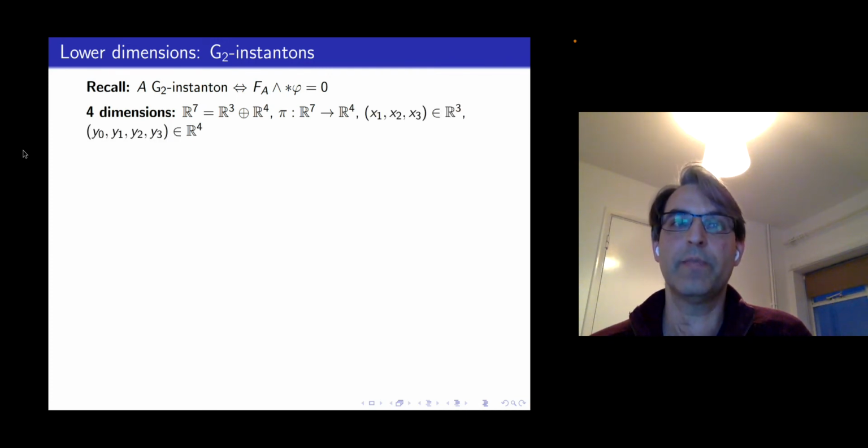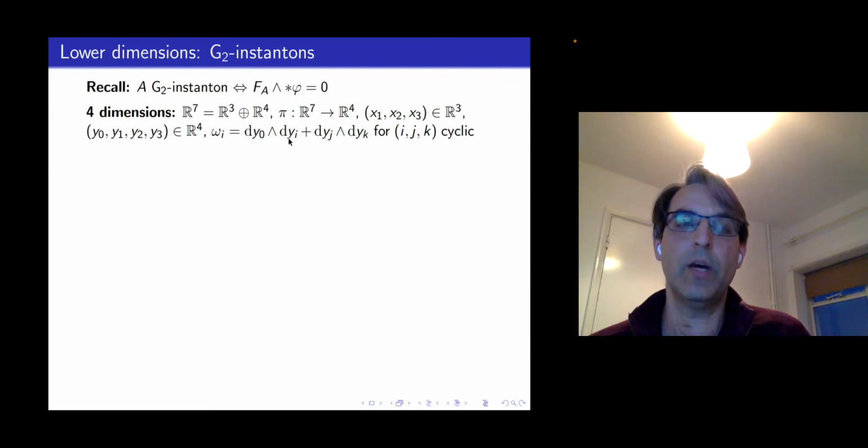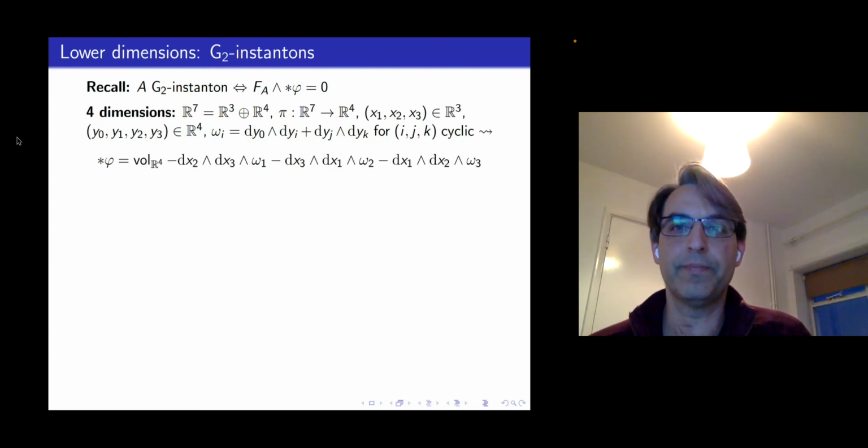If we choose coordinates, X on R3 and Y on R4 as before, then we can define some nice 2-forms on R4, which are our standard hyperkähler 2-forms defined here. So omega 1 is dy0 wedge dy1 plus dy2 wedge dy3, and so on. So we have a cyclic permutation of 1, 2, 3. And then we can write down this 4-form star phi explicitly as follows.